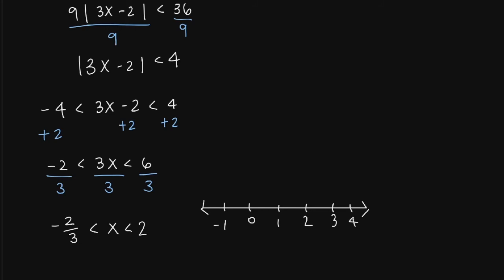Negative 2/3 is somewhere between 0 and negative 1, and it's closer to negative 1. And 2 is right here. And since they're both less than and not equal to, they're not going to be filled in. And then it would be any point in this area.